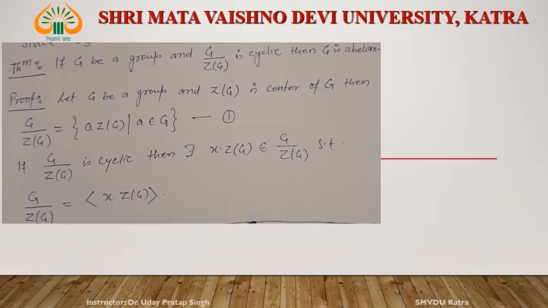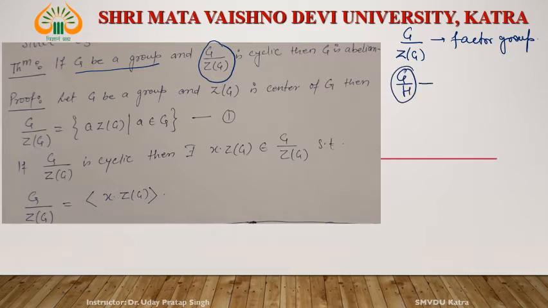Now see, this is one of the most important theorems and we will solve a lot of problems using this theorem. If G is a group and G by Zg, first see whether G by Zg exists. What is G by Zg? It is a factor group. For any factor group G by H, we know that H is a normal subgroup of G. Then what is G by Zg?